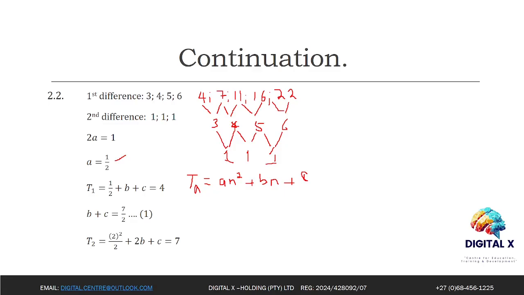So we're just going to substitute everything into the formula, and we have this over here. After working out everything, we get that, and we do the exact same thing with the second term of our sequence, and that's what we get.